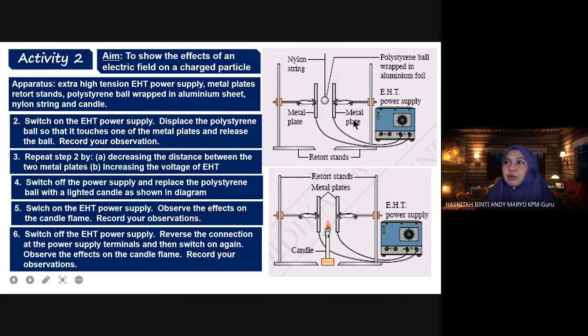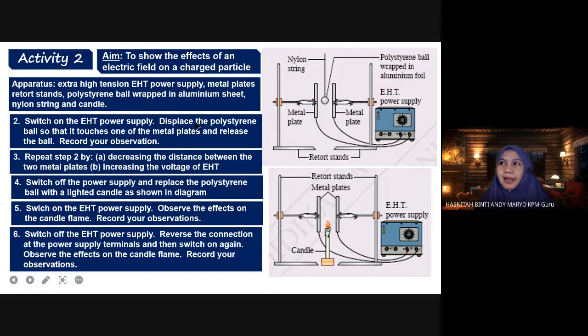As for the first example, you can see here we place a polystyrene ball wrapped in aluminium foil in between these two metal plates connected to the positive and negative terminals of the power supply. You can read the procedure for steps 2 to 6. First, we switch on the EHT and see what happens.